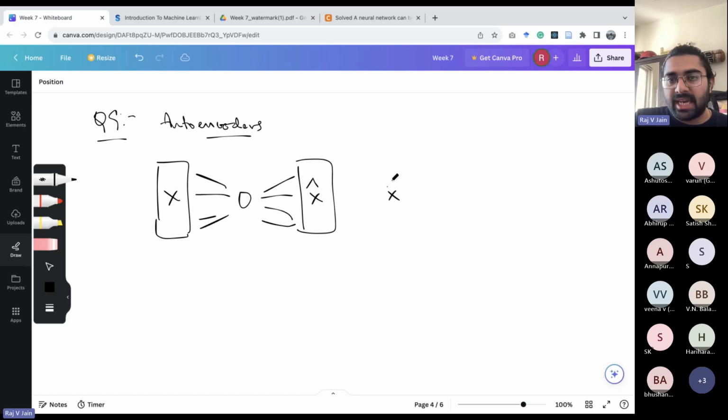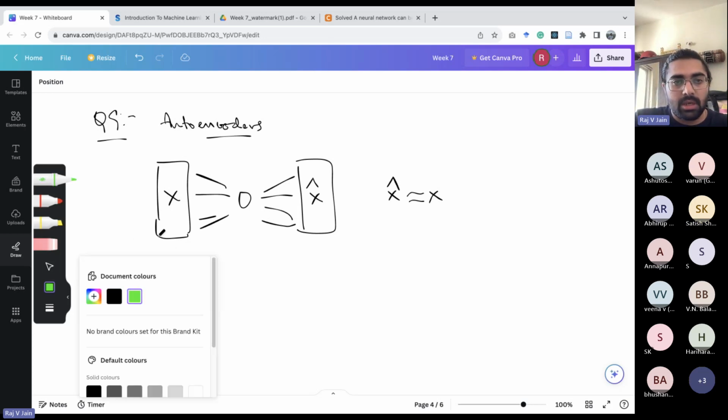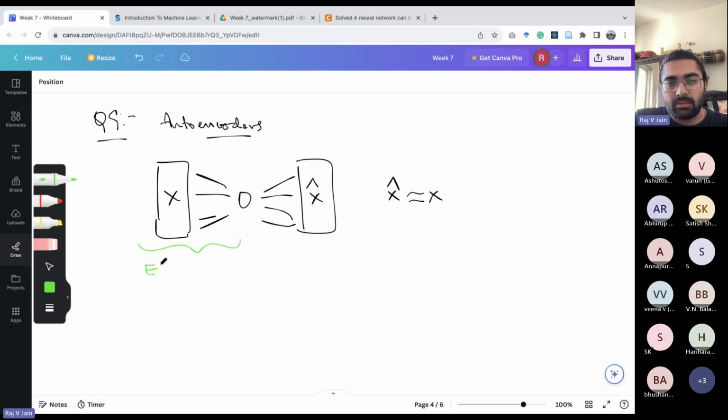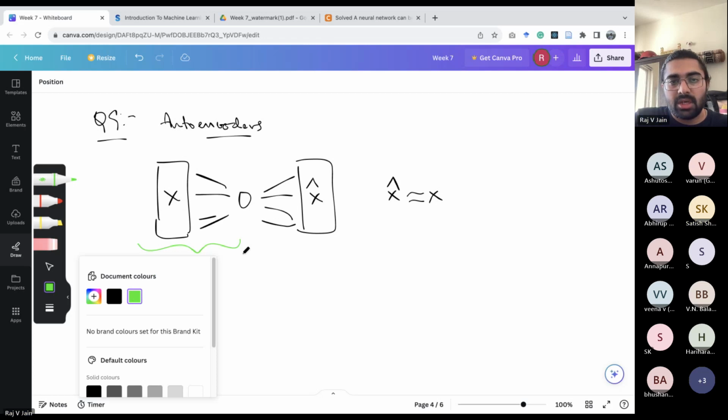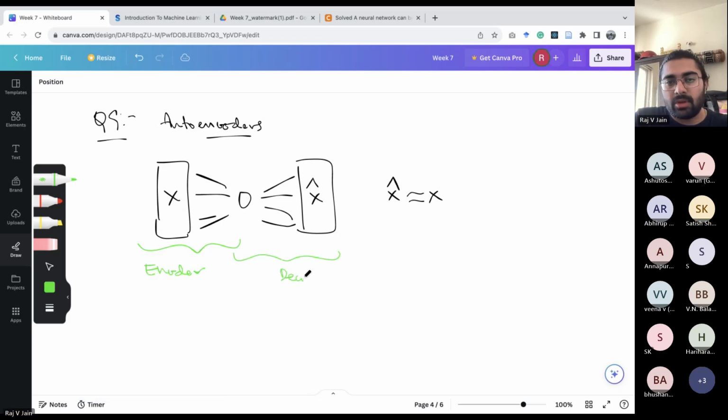We say X hat should be similar to X. This part of the network is called the encoder, and this part is called the decoder. The encoder part acts as a feature reduction system.